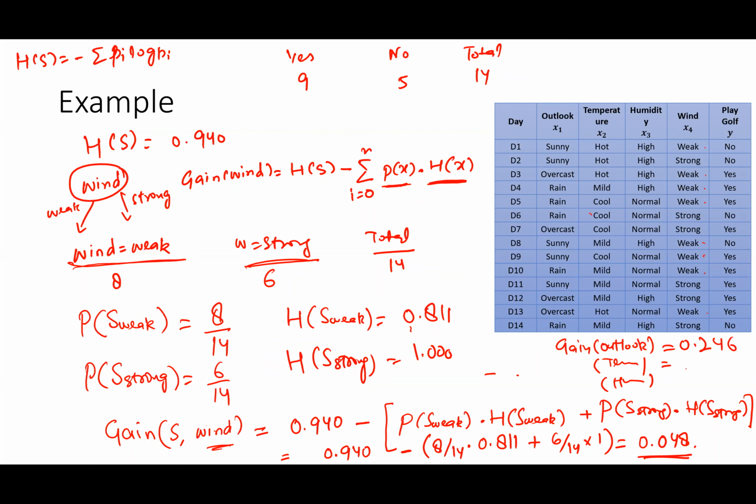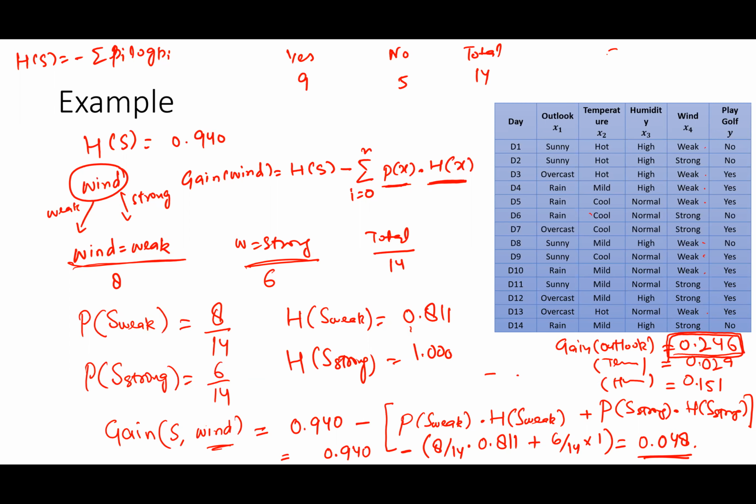In case of temperature, it is 0.029, and in case of humidity, it is 0.151. Now you can see here, outlook has the most information gain. Therefore, we will select the first attribute of the tree as outlook.